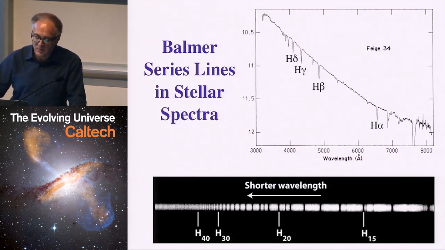Then beta will be 4 to 2, and gamma will be 5 to 2, and so on. And then it goes all the way to a limit, which is what happens when an electron goes from infinity to that level. So that's the maximum energy jump that it can have to get to that level or from that level.